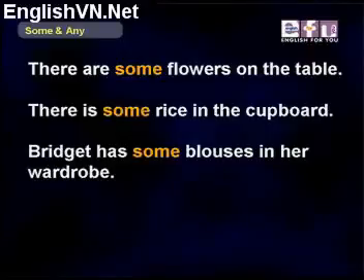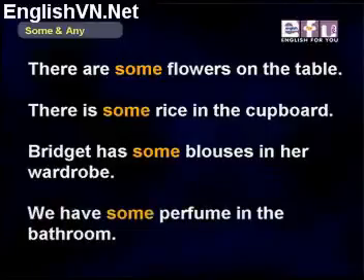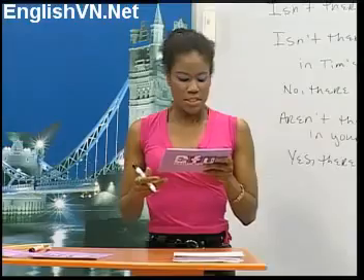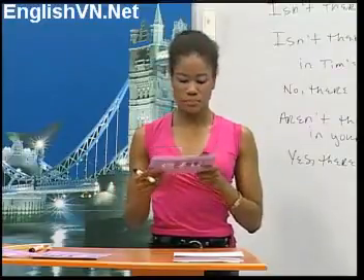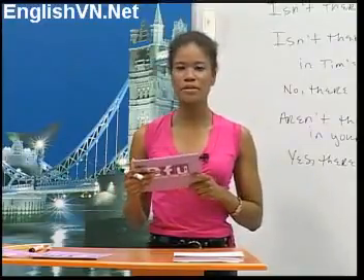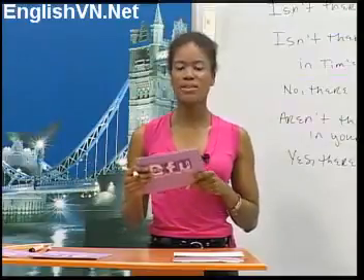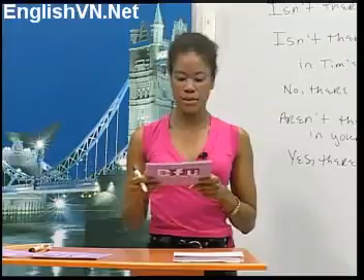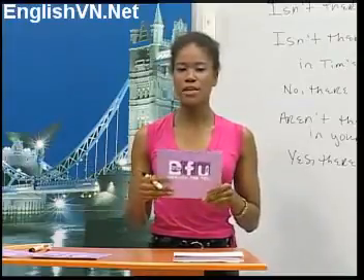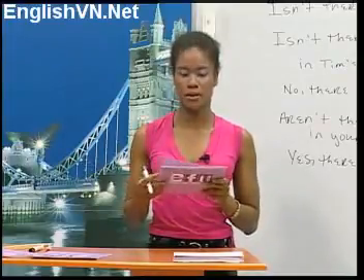Next example, we have some perfume in the bathroom. Some is usually used in positive sentences. It can be used in front of count or non-count nouns. With count nouns, it is used in front of plural nouns.